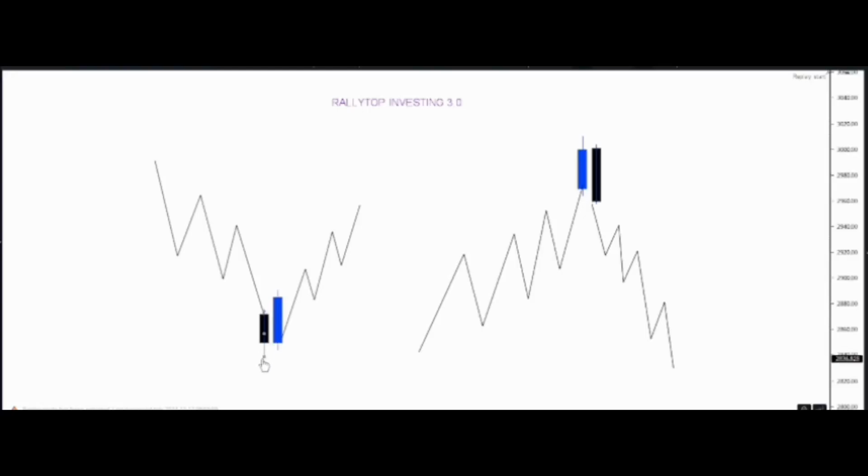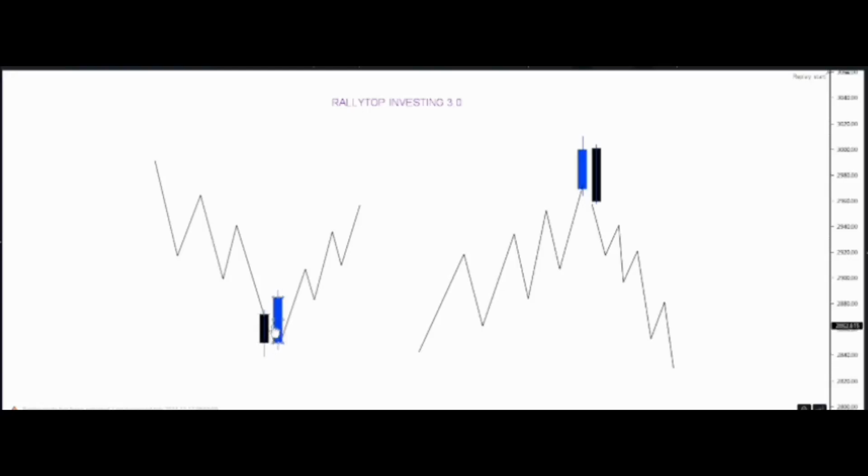Please take note. The bearish candle has to print the lowest low. And now the next candle must be a bullish candle that closes above the high of that bearish candle that printed the lowest low. That's the catch.